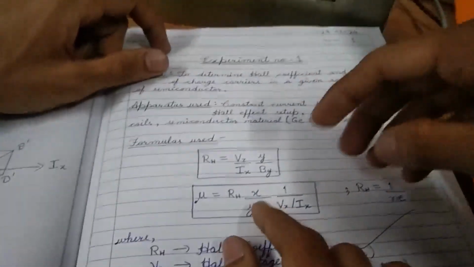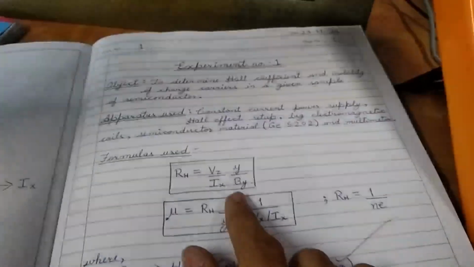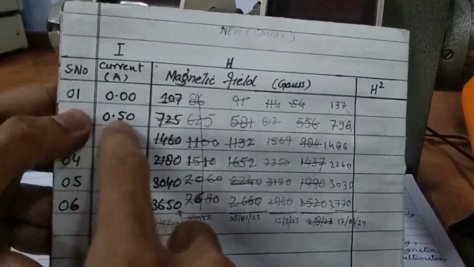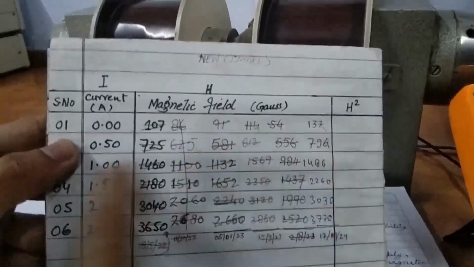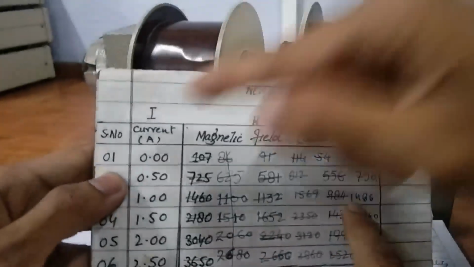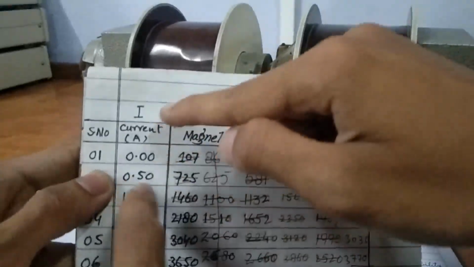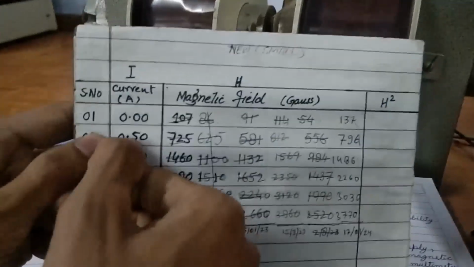Magnetic field you will see from the given table, like magnetic field in Gauss value. For 0.5 you will have 796, and for 1.0 we have 1486. Don't confuse these currents, these are actually IH, the magnetic field current. You have done two tables, right?